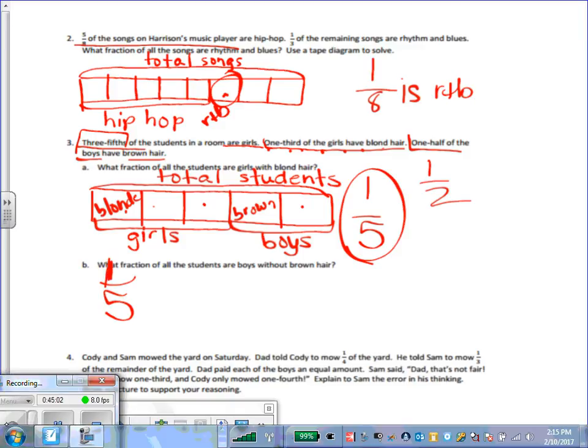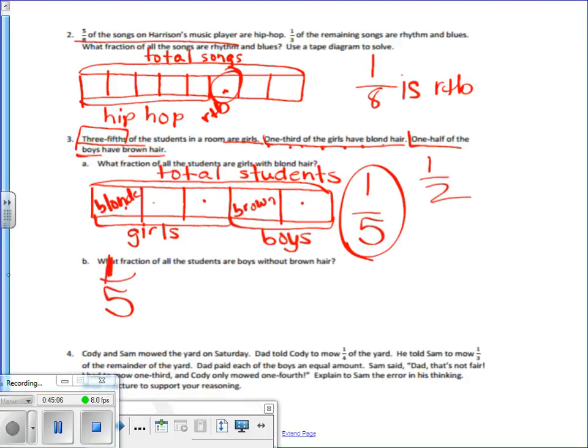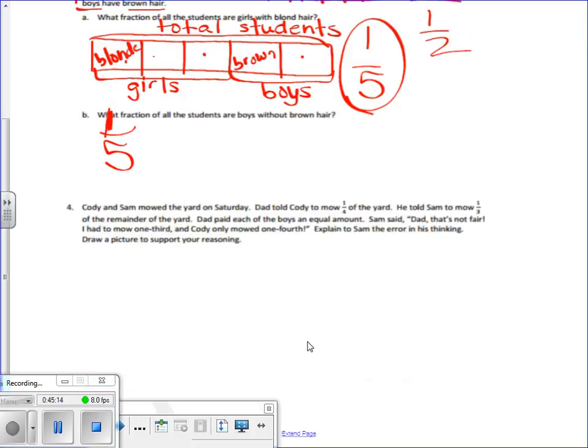What kind of done? 4. Problem. I need to extend the page. Okay, problem number 4, which is the last problem. Cody and Sam mowed the yard on Saturday.